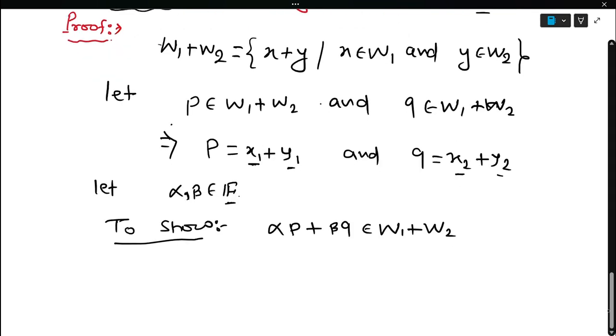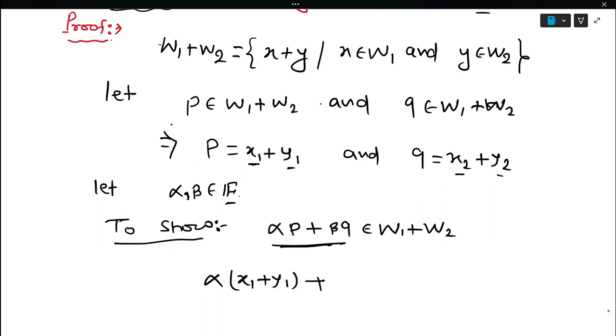Alpha times p is alpha times x1 plus y1, plus beta times x2 plus y2.